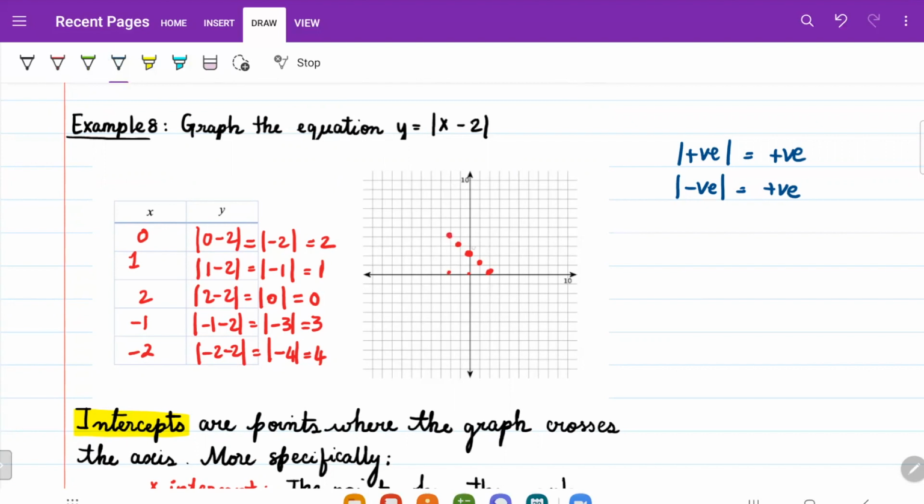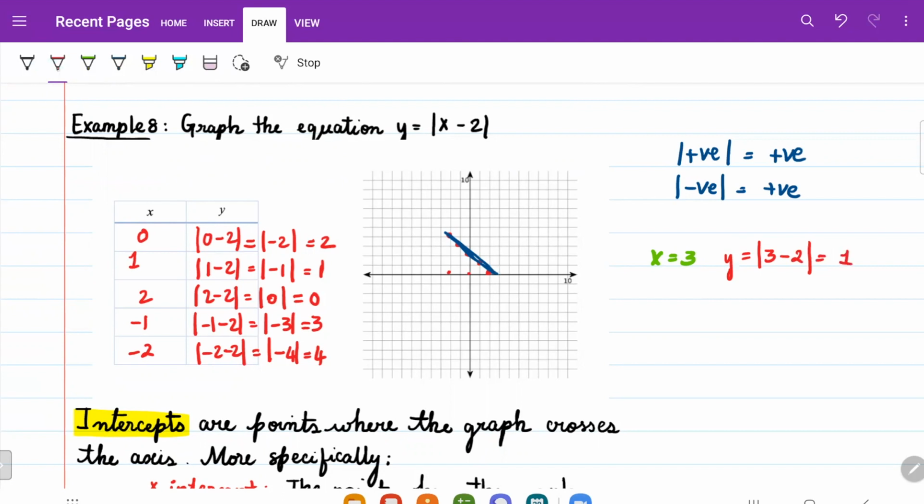So here we have this as our graph. Let us do one more point and see what happens at x equals 3. So when x equals 3, y equals the absolute value of 3 minus 2, which is 1.